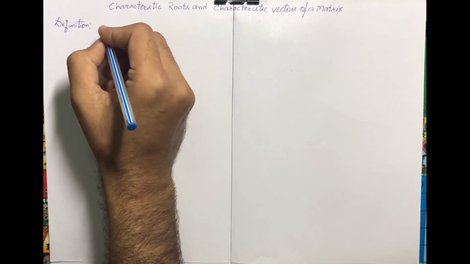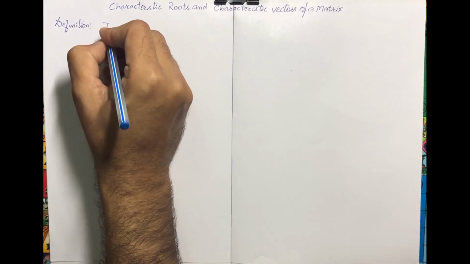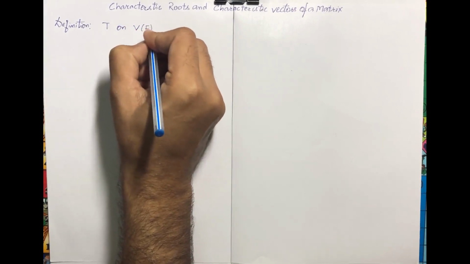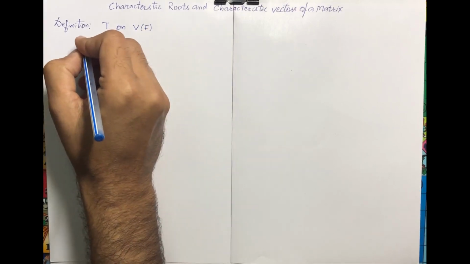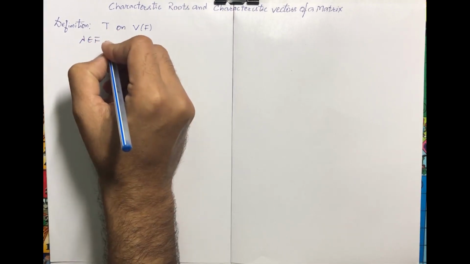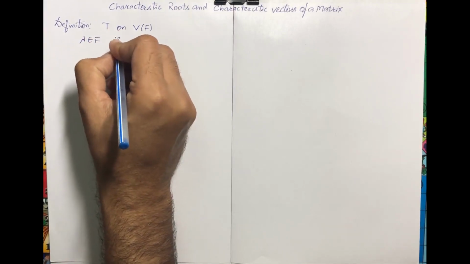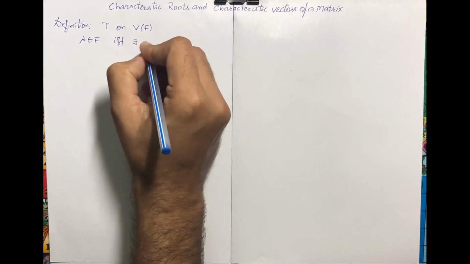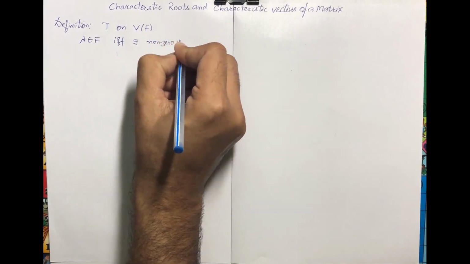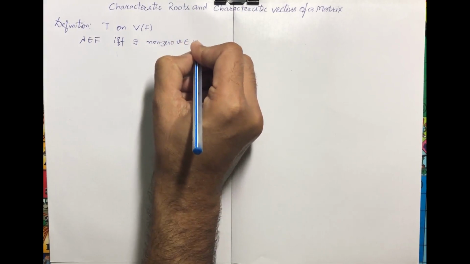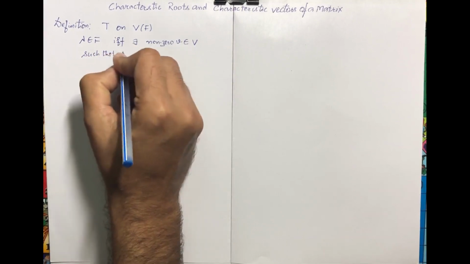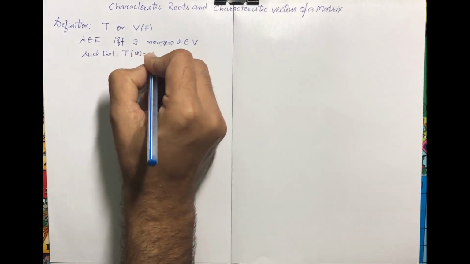Characteristic root. Let T be a linear operator on a vector space V over F. Then a scalar lambda belonging to F is called a characteristic root of T if and only if there exists a non-zero vector v belonging to V such that T(v) = lambda v.